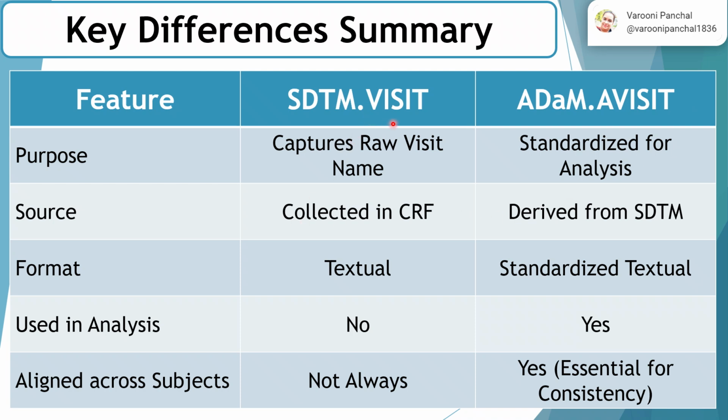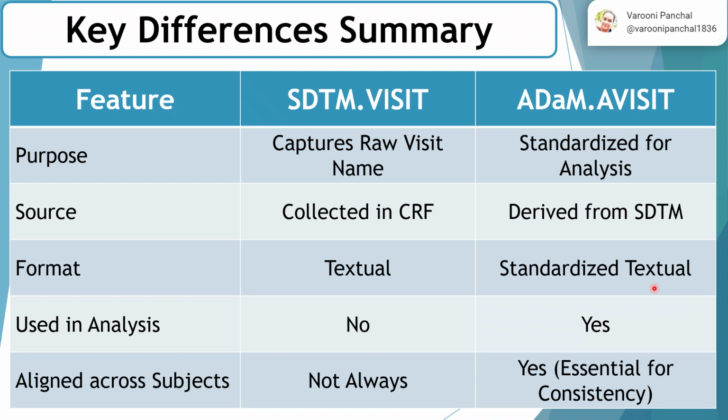Now this specific variable VISIT is collected in the CRF. Like I said, it's just collected from the raw data set, whereas AVISIT is derived from the SDTM. So this variable is dependent on this. Format is usually textual, and this is standardized, meaning it is a standardized structure, not across only one domain. It is standardized across all domains.